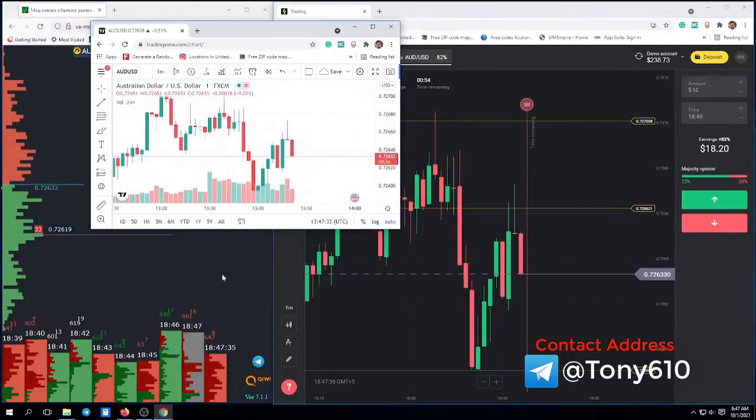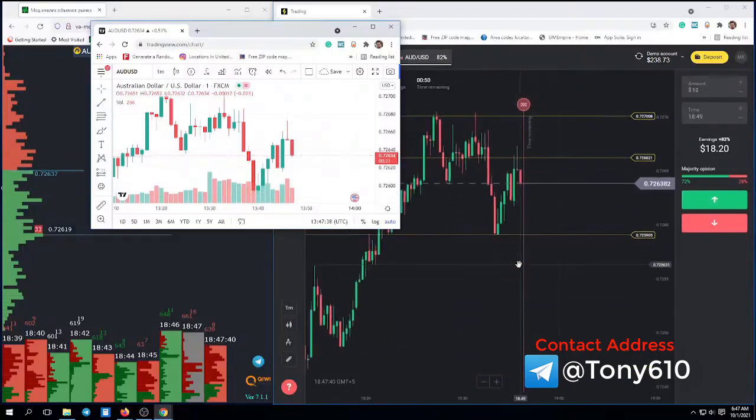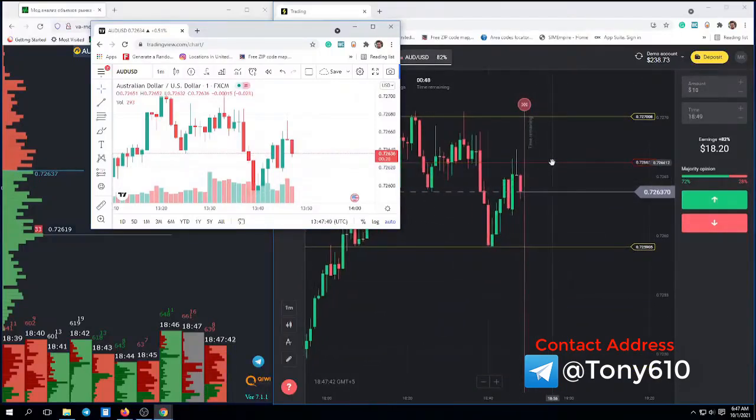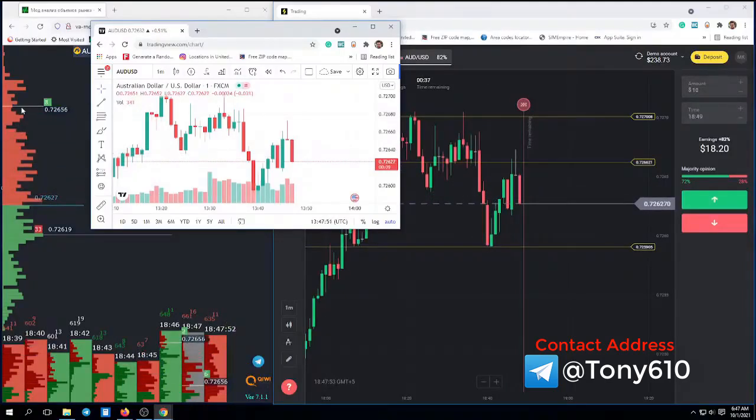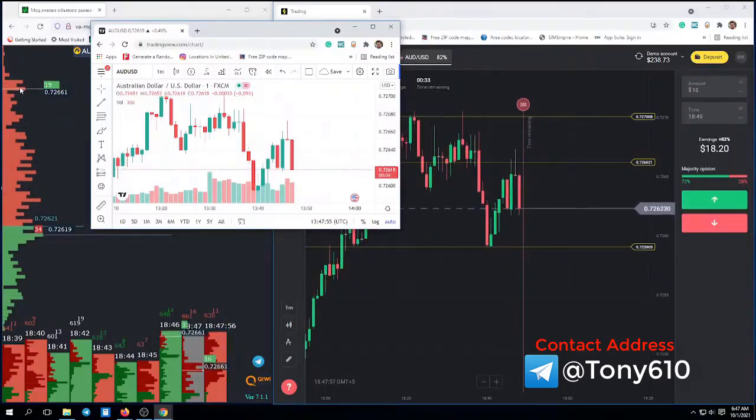So if you see this whole scenario, and if you see the market movement on the levels, 662, here, 662, which is the value area high.